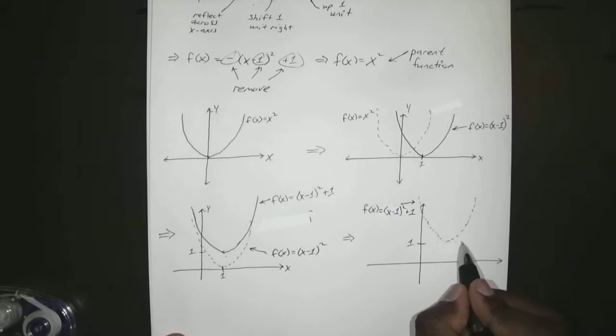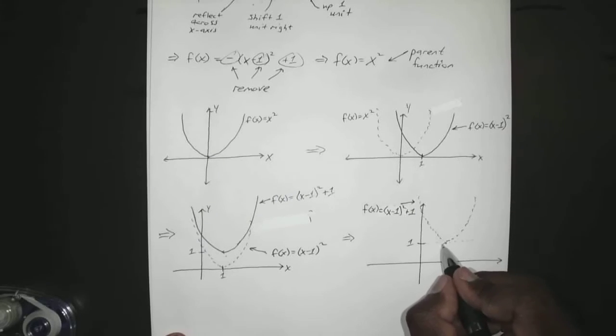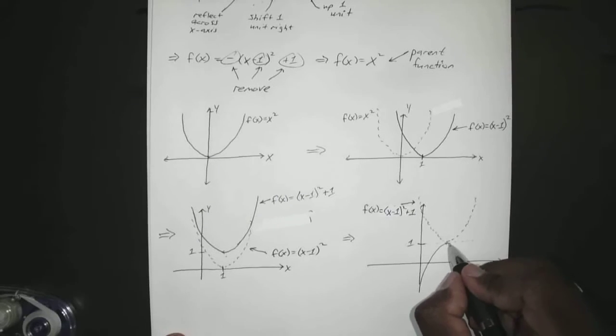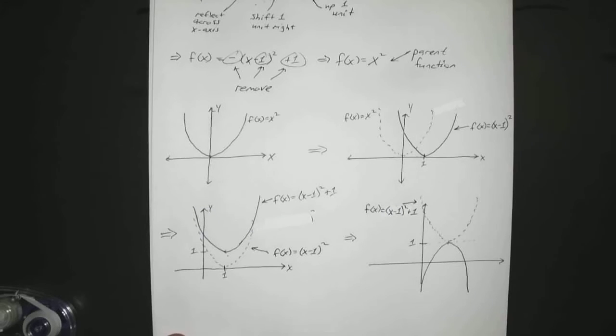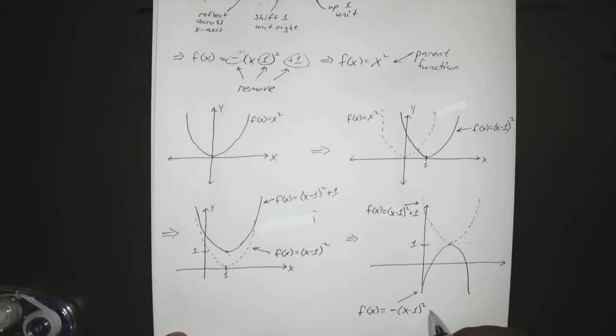Because this is where the bottom is, it's just going to flip right across that. So this would be your f of x equals negative x minus 1 squared plus 1.